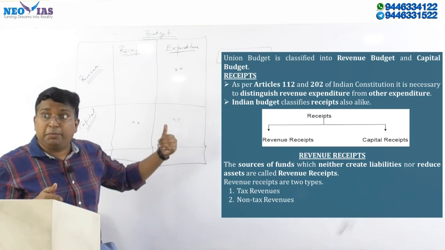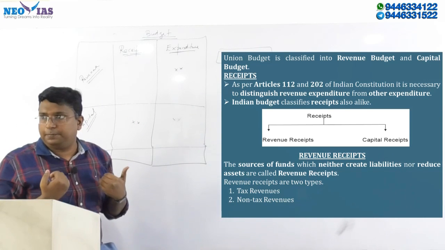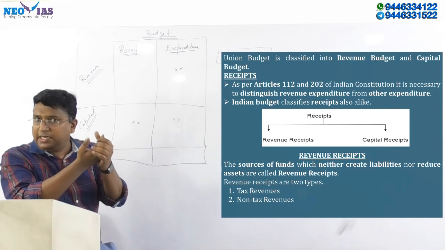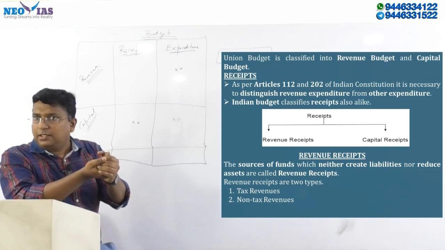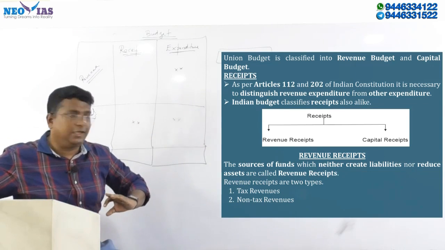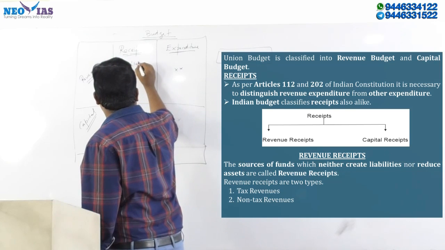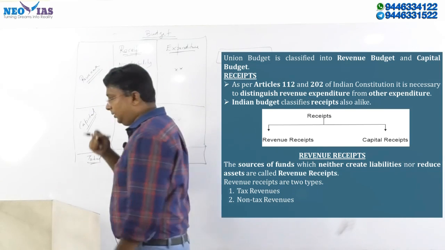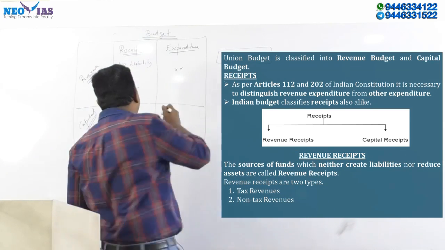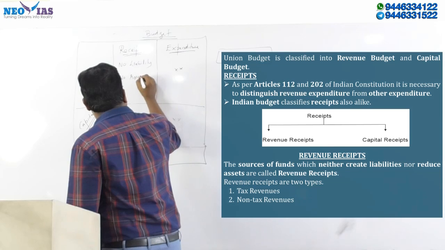And we are talking about the government now, forget about yourself. Coming back to the government, the source of funds for the government: if the government is receiving money and the money received is not creating any liability, and similarly it neither creates liability nor reduces assets, no asset reduction.